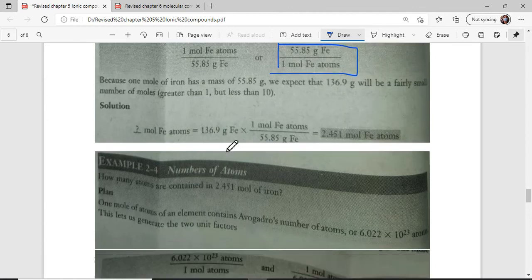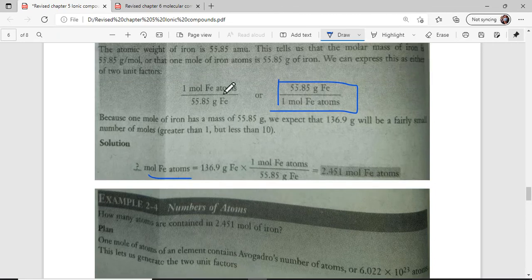How to solve this? Class, if you are looking for moles of atoms, what do you need to eliminate? You need to eliminate the grams, because you are already given the total grams of iron. Simply input that in the first part: 136.9 grams of Fe. Choose the right formula so that the units cancel out. The same unit should be below.